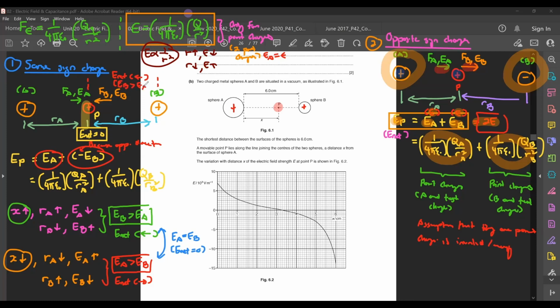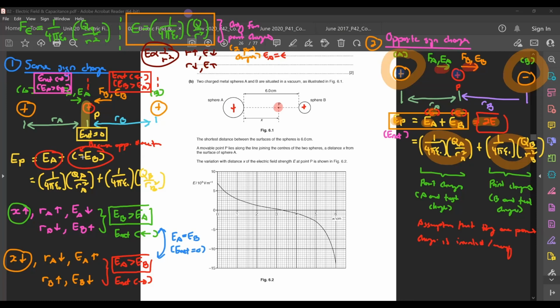Then if I go towards the left hand side, this one will be ENet towards the right, because EA is more than EB. Okay, so these are certain points to take note of. This one and this one.